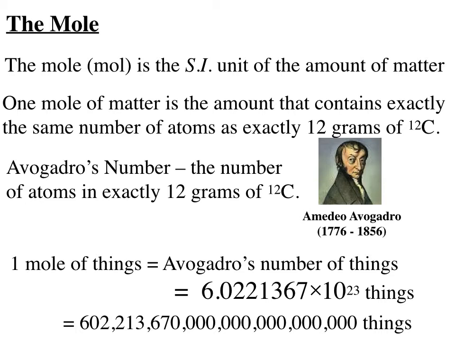However, they are essentially imperceptible, and we can only really infer their presence at small numbers by using tricks like shining light on them. Well, what we're going to do to weigh out or deal with samples of matter, since we can't deal with them on an individual basis, we'll deal with large numbers of them at the same time.